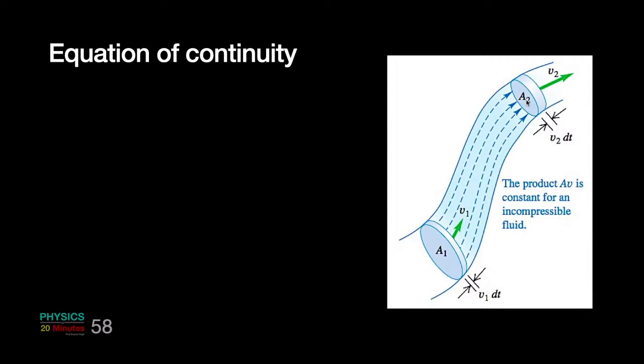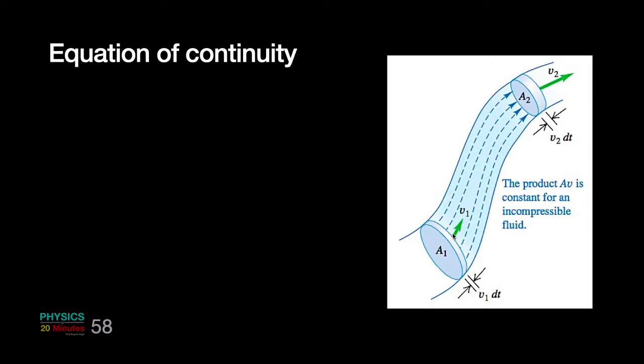So for an argument's sake, let us assume that the velocity at this point is different, that is v2. And let us try to explore. If our argument is correct, then we will get v2 as different than v1. And if our argument is incorrect, then we will get v2 as same as v1. So for the time being, we can assume that velocity here is v2.